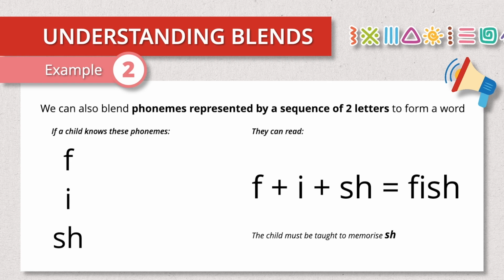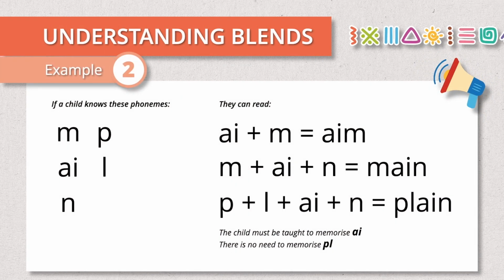Example 2. We can also blend phonemes represented by a sequence of two letters to form a word. If a child knows these phonemes, f, i, sh, they can read f, i, sh, fish. The child must be taught to memorize sh. Example 3.